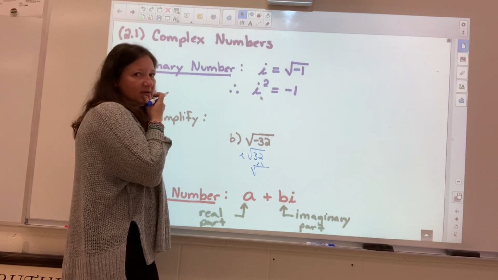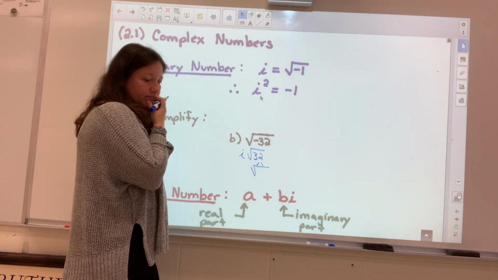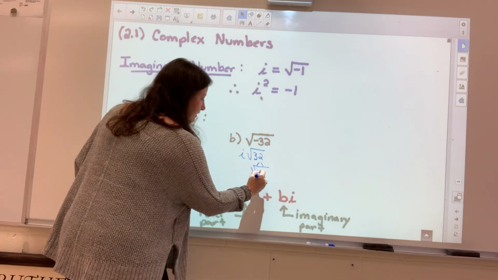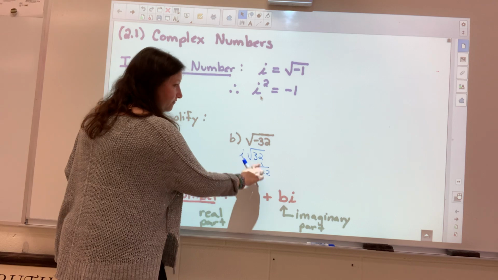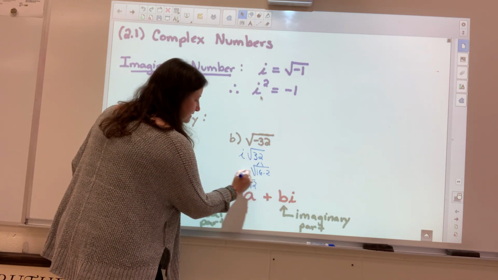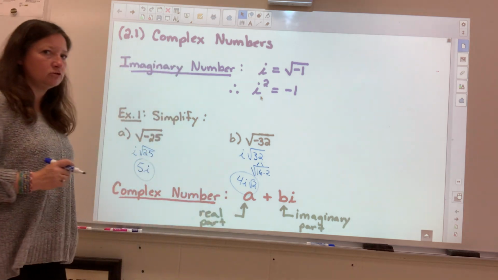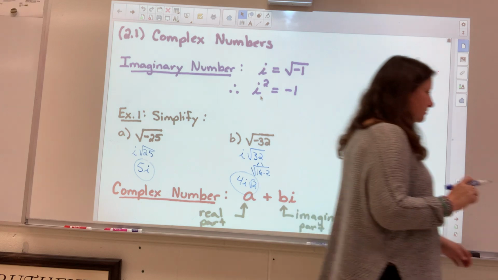What are two factors that make 32? 8 and 4, what's another pair? 16 and 2. 16 times 2, what's the square root of 16? 4. So a 4 is going to come out and join the i, and the 2 stays inside. 4i root 2. So that's how we're going to handle the square roots of negative numbers.